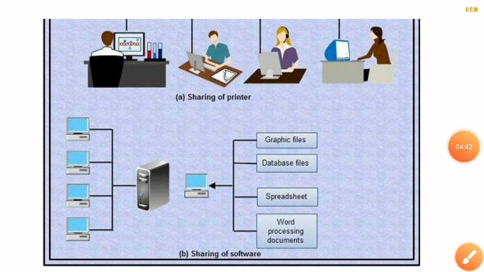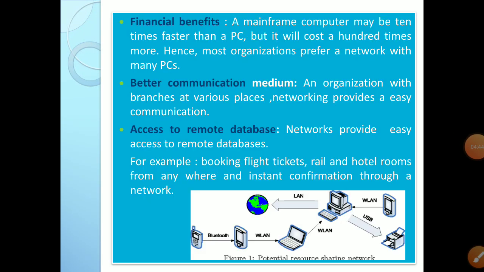Next, we'll go to another useful aspect of a network: financial benefits. A mainframe computer may be 10 times faster than a PC, but it will cost 100 times more compared with a normal PC.